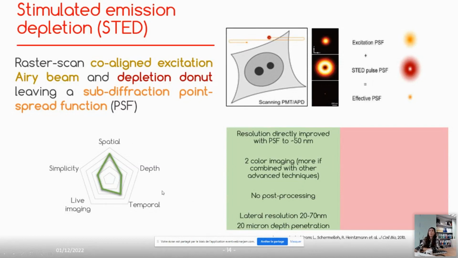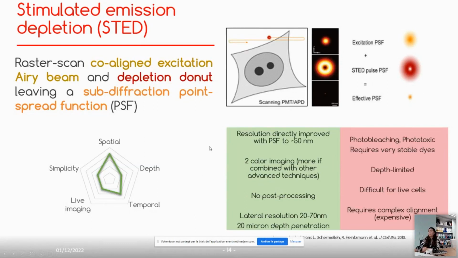The post-processing that one needs to do is quite different and much more simple, because really we've created a much smaller scan point. But this technique can be subject to some particular challenges and limitations. The intense STED depletion beam, this donut here, can over time photo bleach or be phototoxic to your sample.